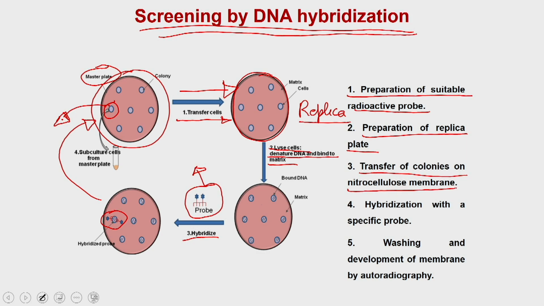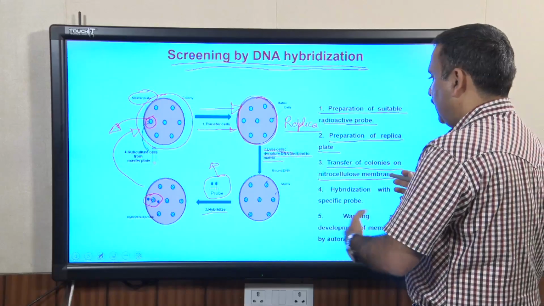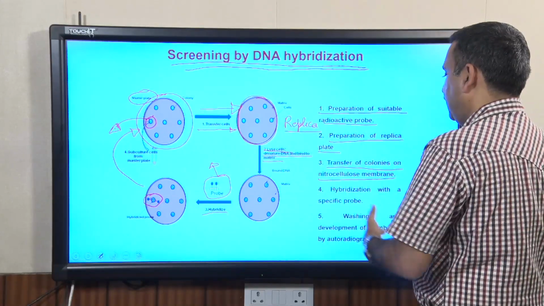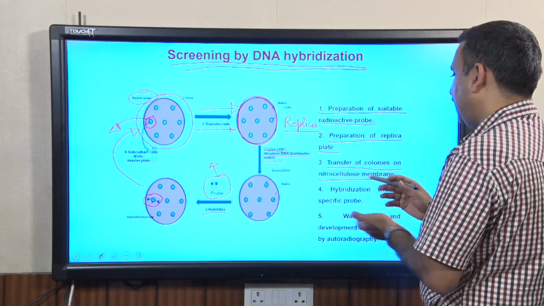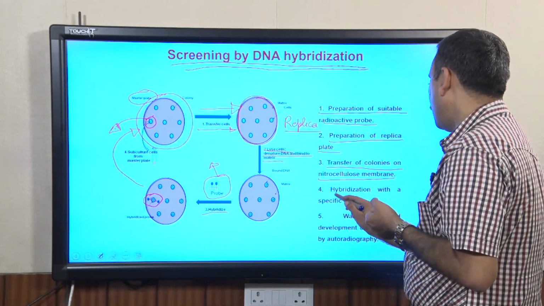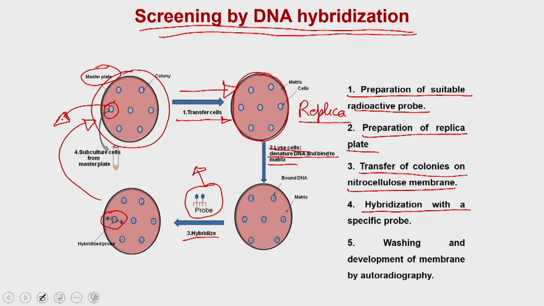Once the colonies have been transferred onto the nitrocellulose membrane, you will do the procedure to let the DNA come out from the cells, and then you will add the radioactive probe and do the hybridization. Once the hybridization is over, you will do the washing and develop the membrane with autoradiography, and with that you will know where your clone of interest is present.